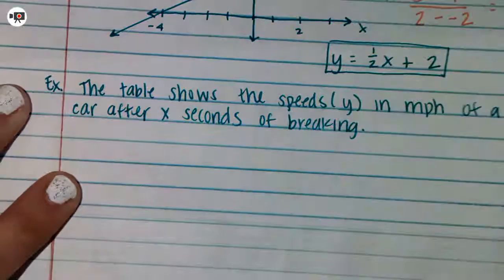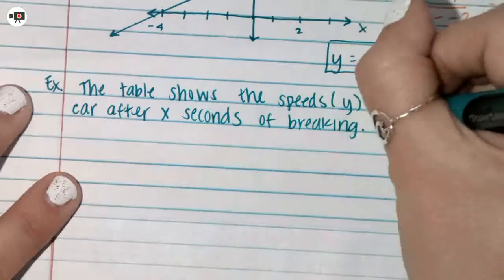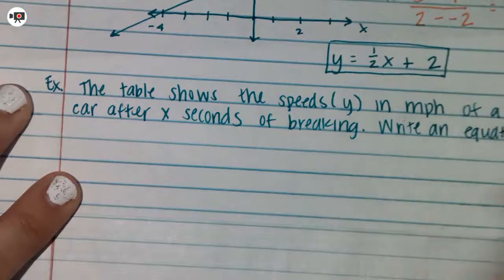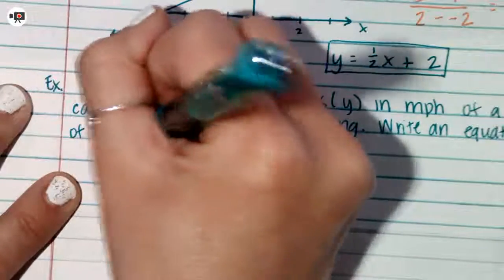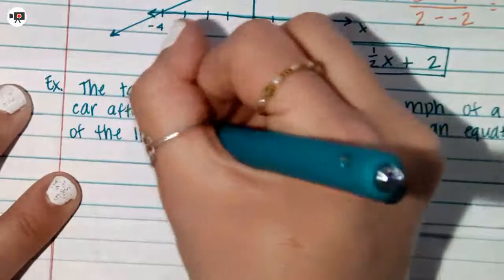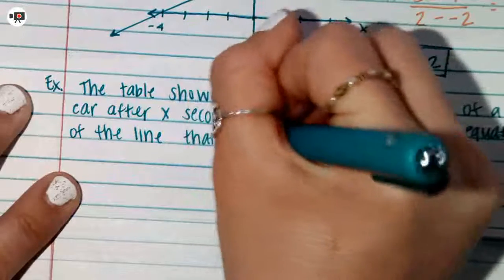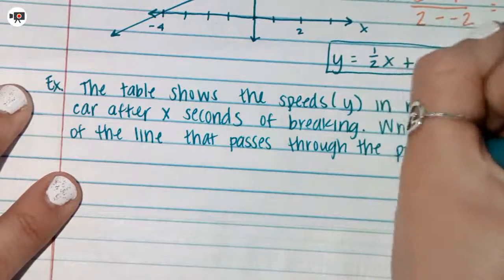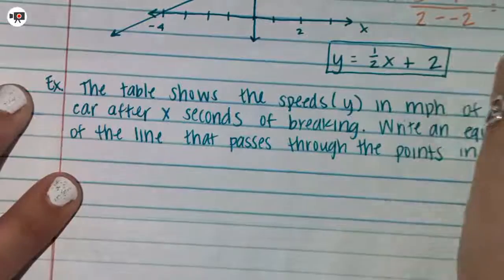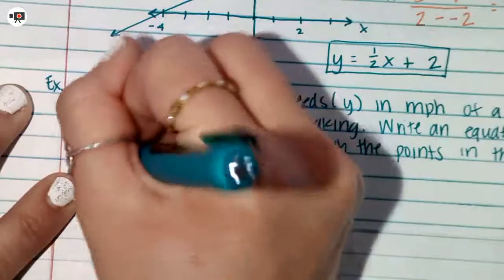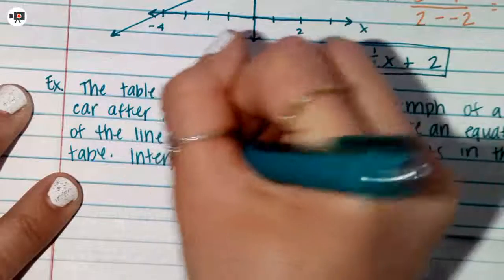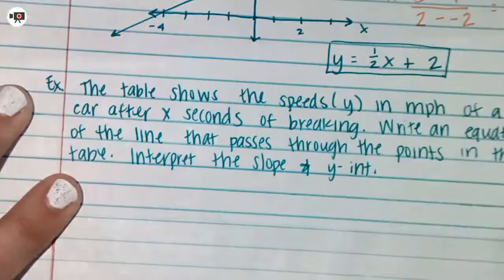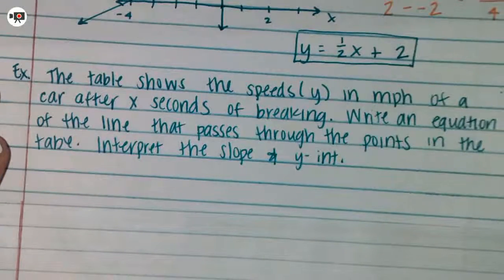So the car is slowing down. They're pressing on the brakes. Write an equation of the line that passes through the points in the table. Then interpret the slope and the y-intercept.